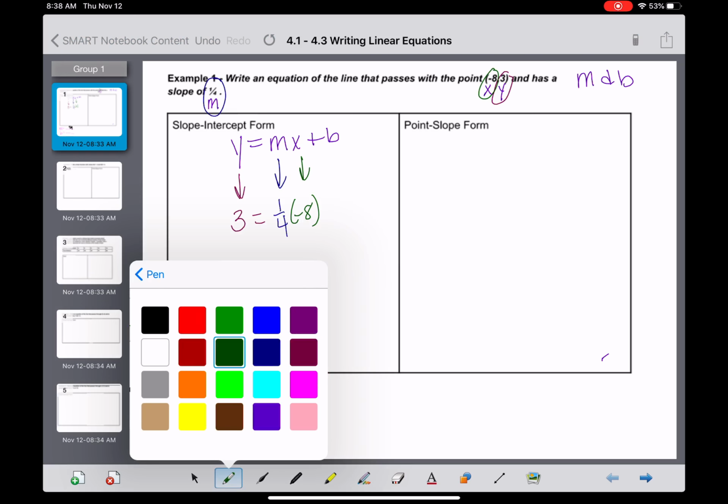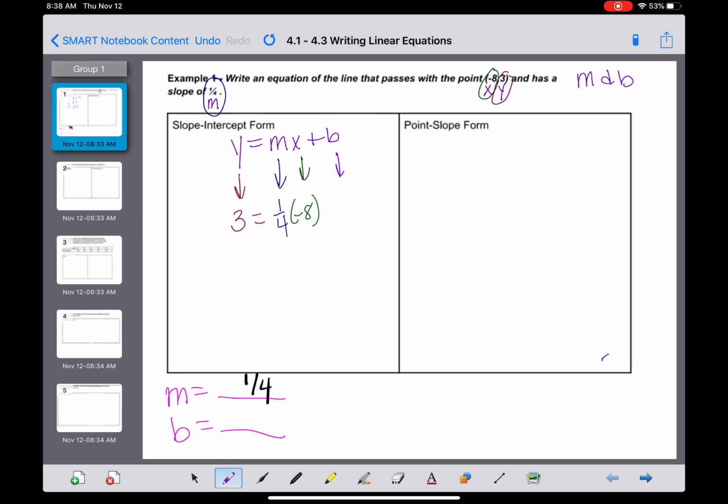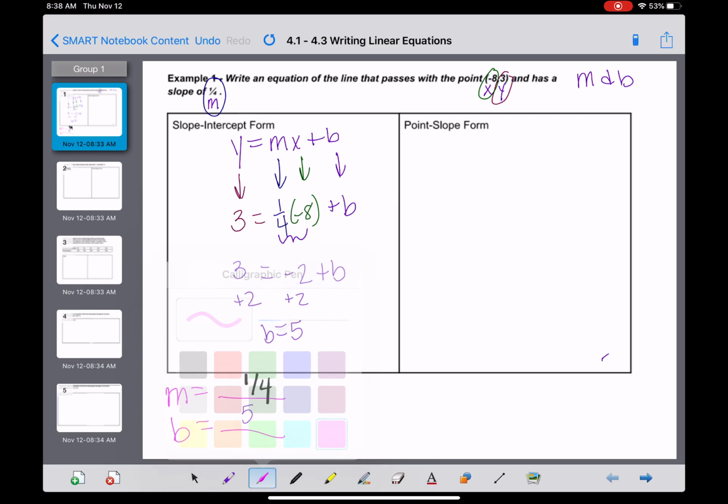And we are trying to figure out what our b value is. So I just substituted in the information that I was given, and then I'm going to simplify. So I'm going to multiply 1/4 times negative 8, which is negative 2. Everything else drops down. Then I add 2 to both sides to get a b value of 5. So now that I know the slope and the y-intercept, I can write my final answer, y equals 1/4 x plus 5.